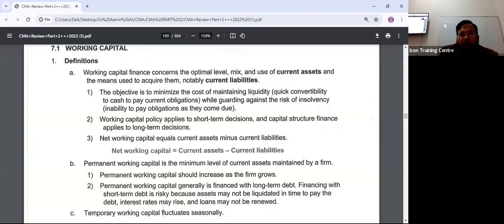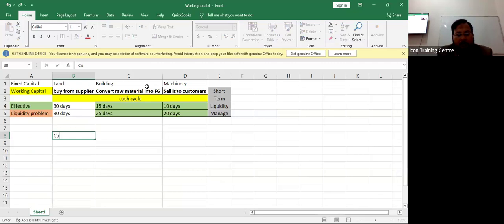Let me tell you one thing. Let's suppose you will understand with this example. Let's suppose we have current assets: inventories, trade receivables, bank, cash, and again we have current liabilities.